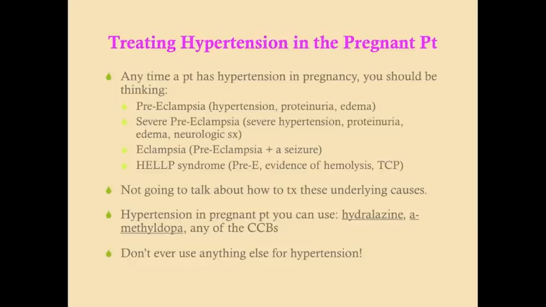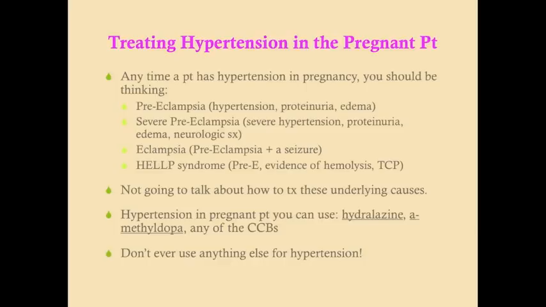I'm not going to talk about the underlying causes of these specific OBGYN disorders, but what I will talk about is that in a patient who is pregnant with hypertension, regardless of whether she developed the hypertension during pregnancy or she had the hypertension before and has now gotten pregnant, you want to use hydralazine, you can use alpha-methyldopa, or you can use any of the calcium channel blockers.